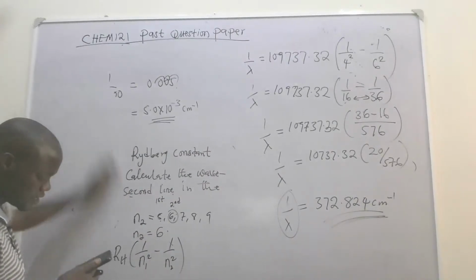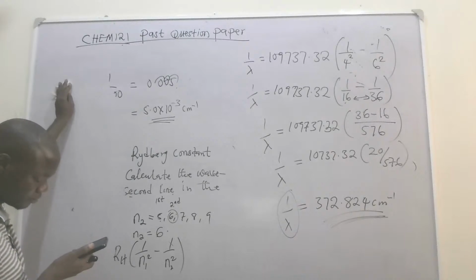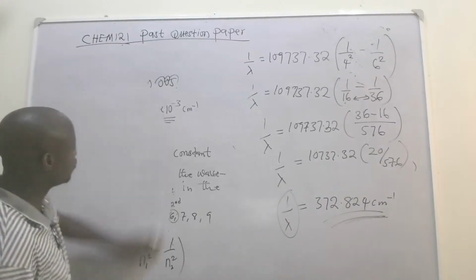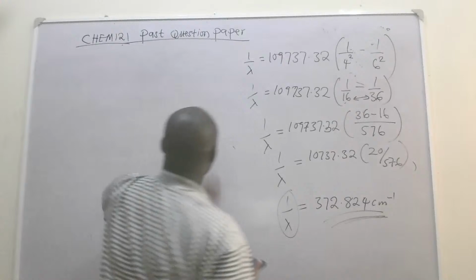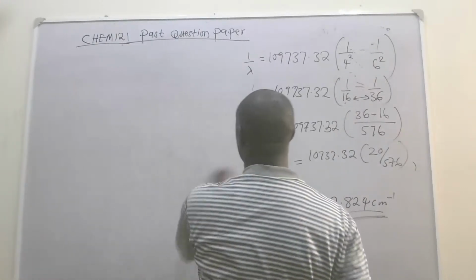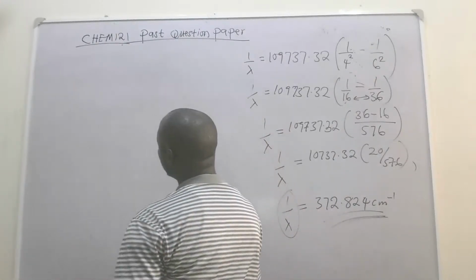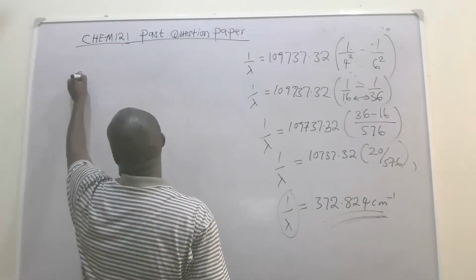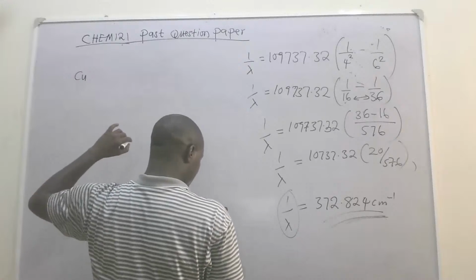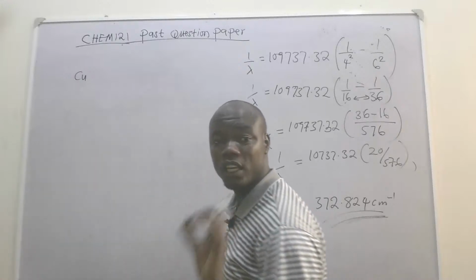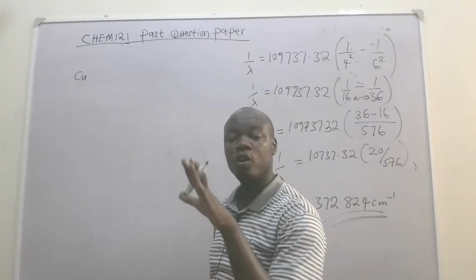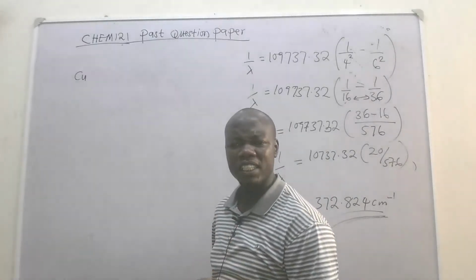So the question says, where are the valence electrons for copper? The valence electrons of copper are described by the following quantum numbers. A set of quantum numbers are given, and you are asked to identify which of the quantum numbers best describes them.